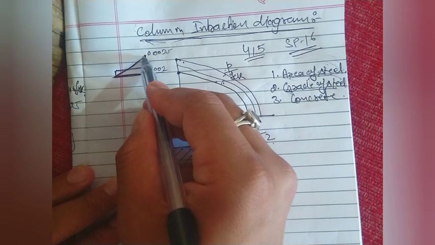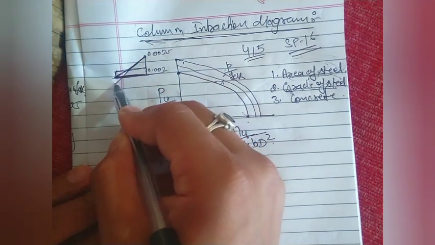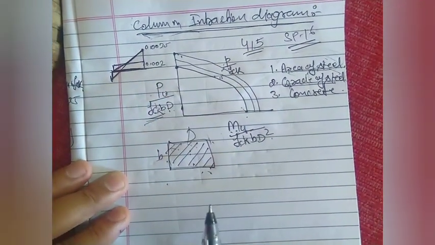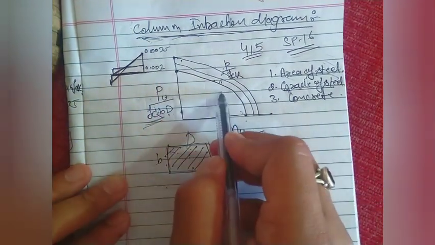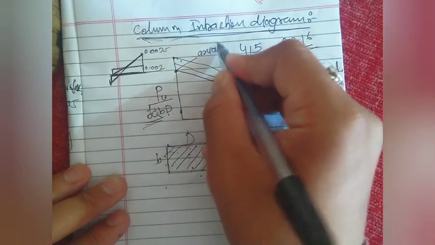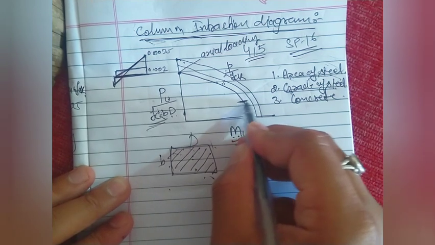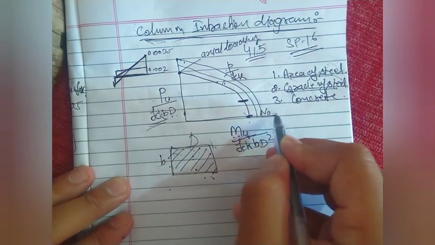After that, if the neutral axis comes within the section, then there is a case of pure bending. There is no axial loading, so it is a case of pure bending. So we have three parts here. This one is your axial loading, and somewhere here we have a balanced section, and here we have no axial loading.